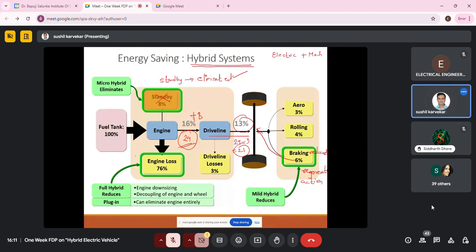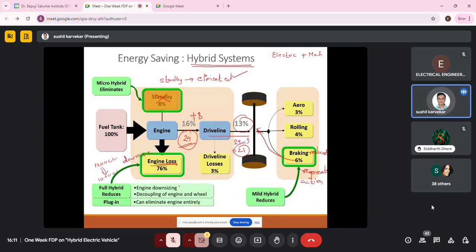In addition to that, the engine loss is also reduced because in a hybrid system we are going to downsize. Previously, if it was 1200 cc, then the newly configured hybrid vehicle would be brought down to around 1000 cc or lesser, depending on the manufacturer.